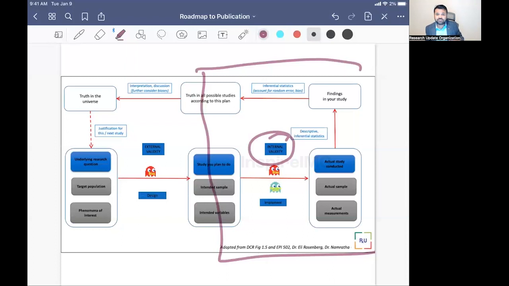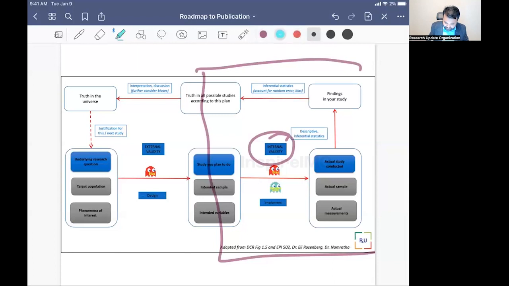For example, what is the number of people who died during the latest COVID-19 wave? In that case, you choose a small number of people in order to identify the recent incidence, or what the prevalence of COVID-19 was. That's a research question, and whatever answer you get in your study, we call it internal validity.